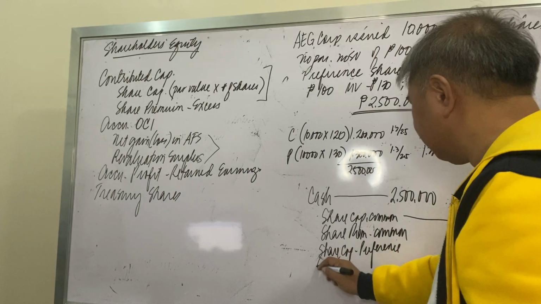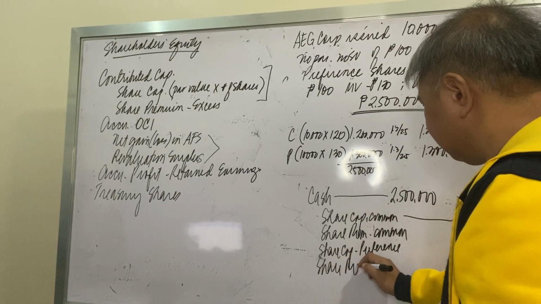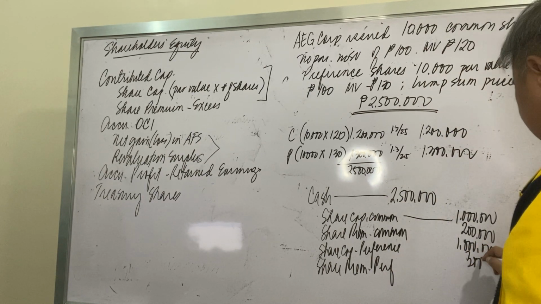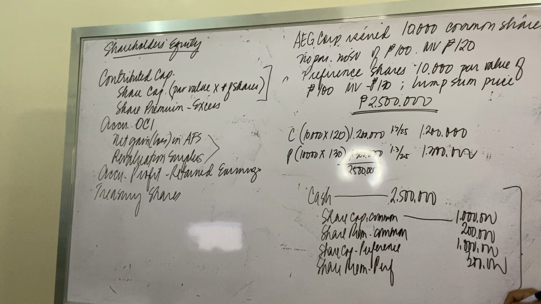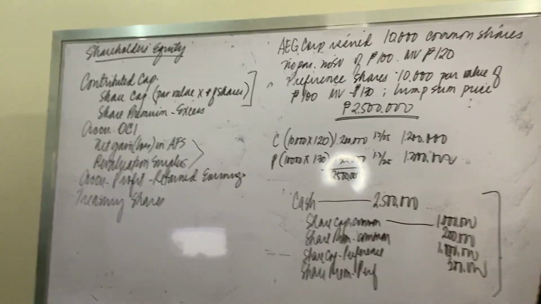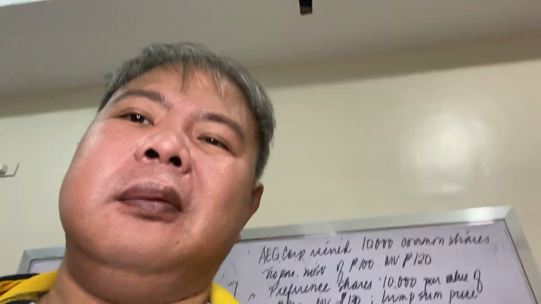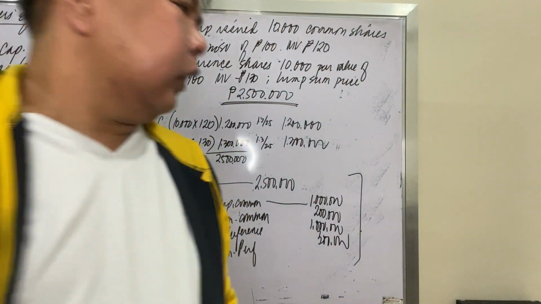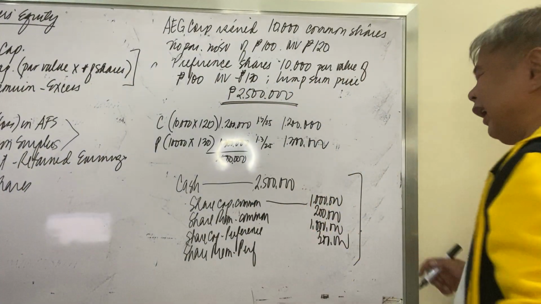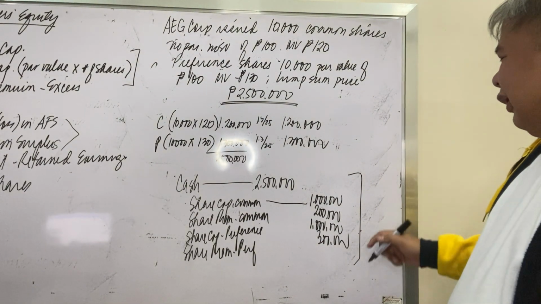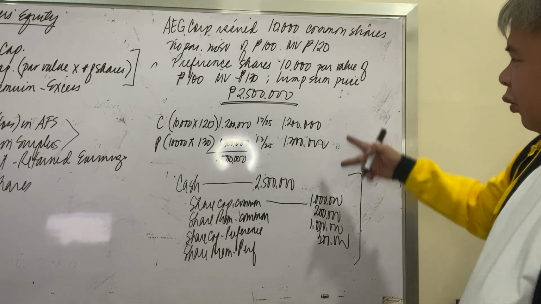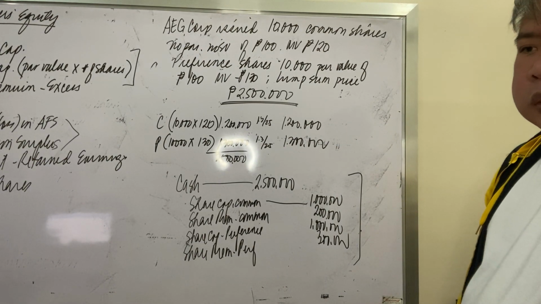And then share premium preference for 300,000. Okay, so this would be our entry if two securities were purchased. This is the entry for the purchase of two classes of shares of stock.